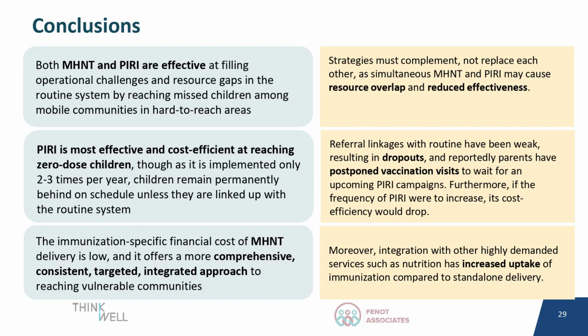So the referral linkage between PIRI and the routine system has to be strong. And we found it is weak, and this results in dropouts, and families wait for the next PIRI rather than going to the health center and health posts for the next session.